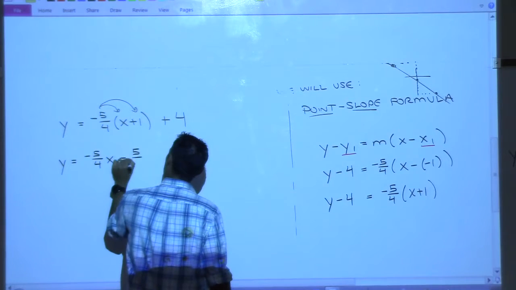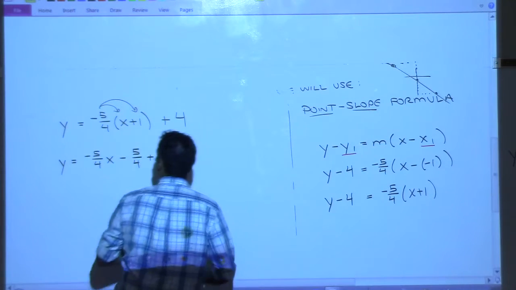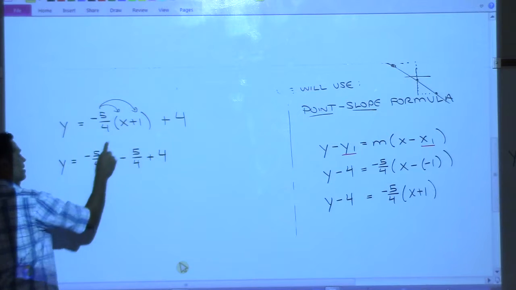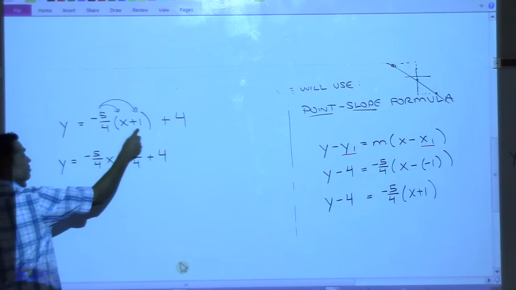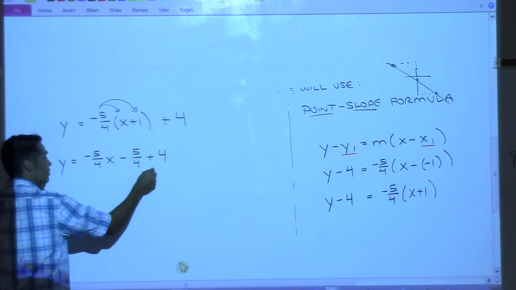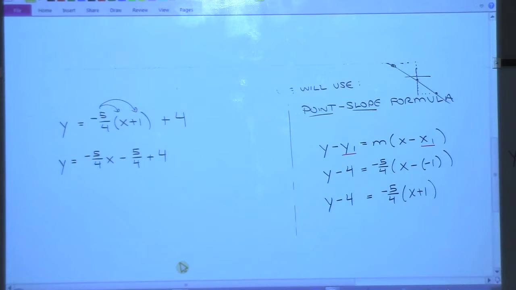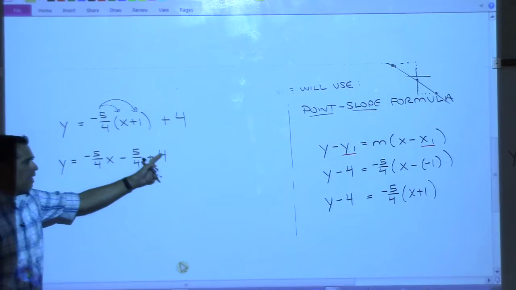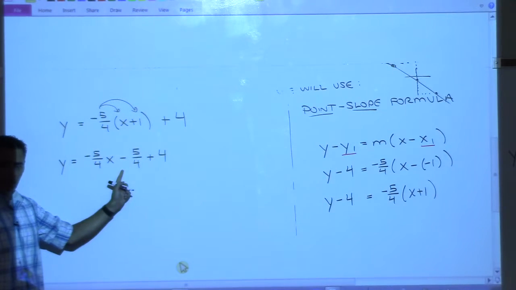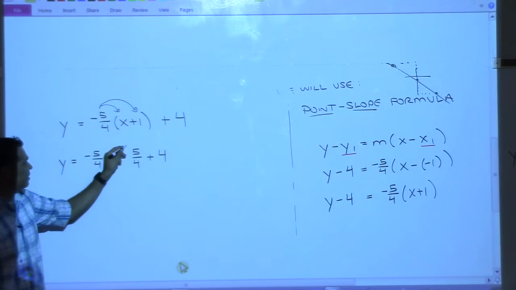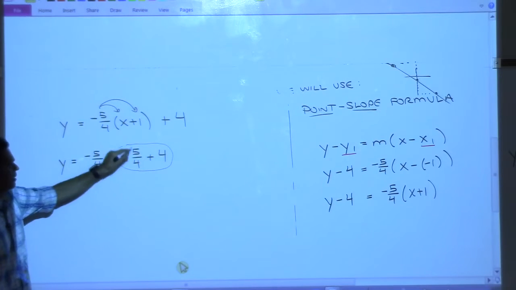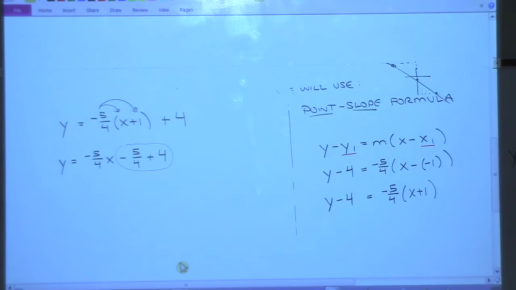Negative 5/4 times x is negative 5/4 x. Negative 5/4 times 1 is negative 5/4, and then you still have plus 4. One last step. We almost have y equals mx plus b. We have y equals mx. So combine these together. And how do we put those together? You have to have a common denominator. Right?